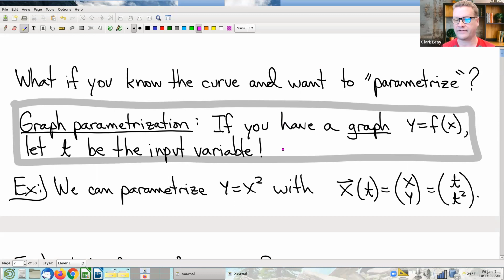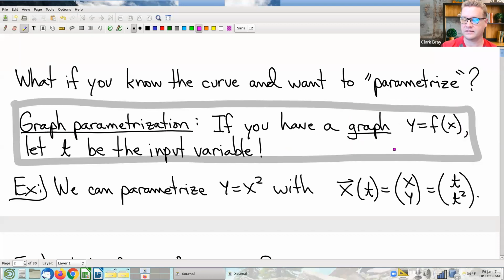I do, however, have a favorite technique in that this works, I'm going to say, the most often. I don't want to say almost always, that's an overstatement, but this works really often. This is what I like to call the graph parameterization. Specifically, if the curve that you are trying to parameterize is a graph.